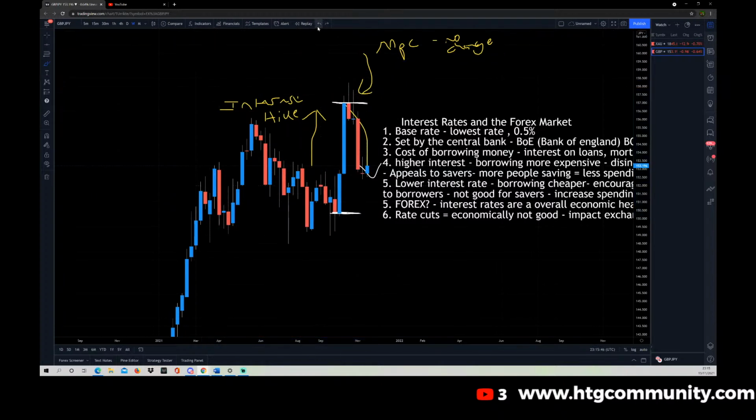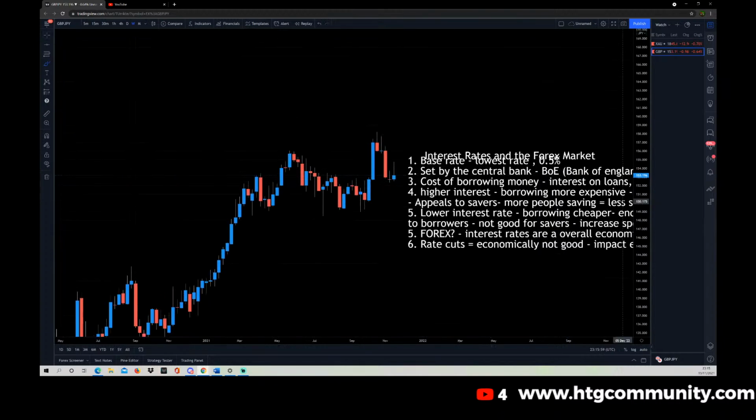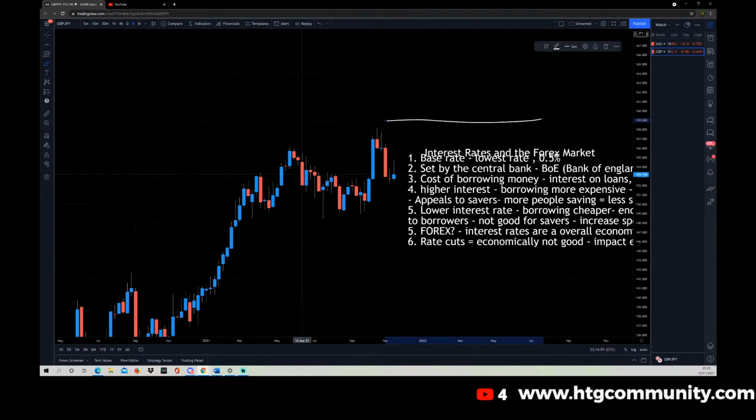Okay, so these are some really key concepts, and you might think you don't need to know the ins and outs of interest rates, but it's a pretty important thing when you want to learn how to trade, right? Because this is definitely going to affect any currency pair that you trade. Whether you look at gold, for example, right?